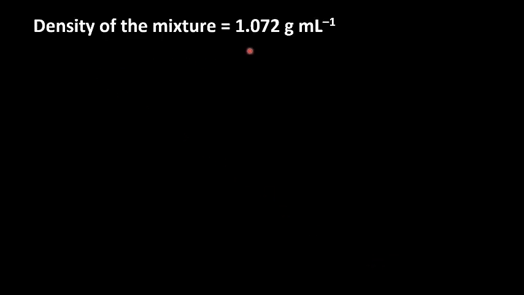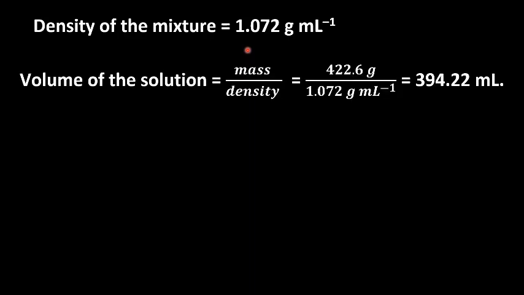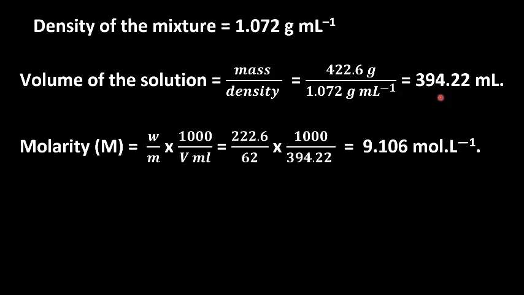Density of the mixture is given in the problem as 1.072 gram per milliliter. Volume of the solution is obtained by dividing mass by density. Therefore, 422.6 by 1.072 is nothing but 394.22 milliliter. Molarity is found by using the formula: weight of the given solute by its molar mass, into 1000 by V mL.